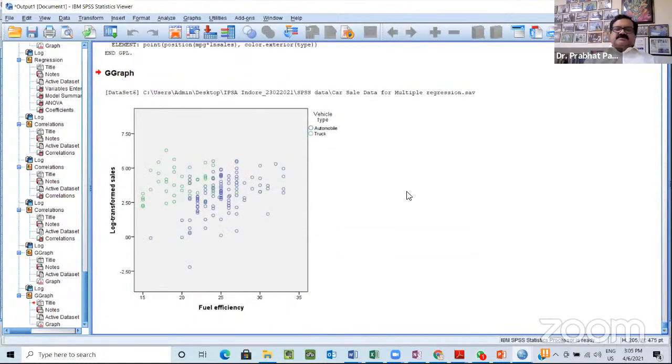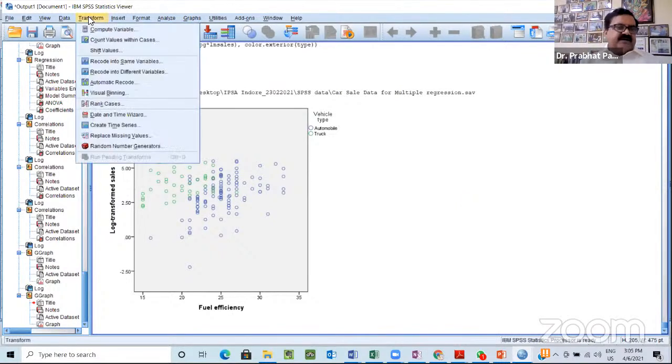Now, see this. This is a wonderful view. So you can see the green dots are on one side, the blue dots are on the other side. So this whole car market is divided, but if you calculate a single correlation by adding these two kinds of cars together, probably that is a problem, because the fuel efficiency mindset is not the same in the two segments.